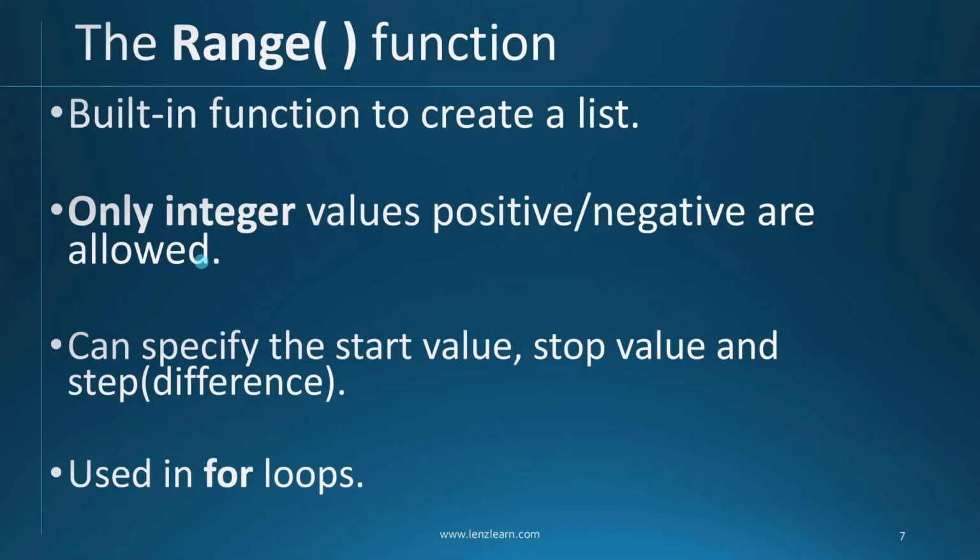Alright, now in a range function you have to specify three things. Okay, you can specify the start value, the stop value and the step value, which is also called as the difference. When we see the example, you will understand. So this is exclusively used inside for loop.